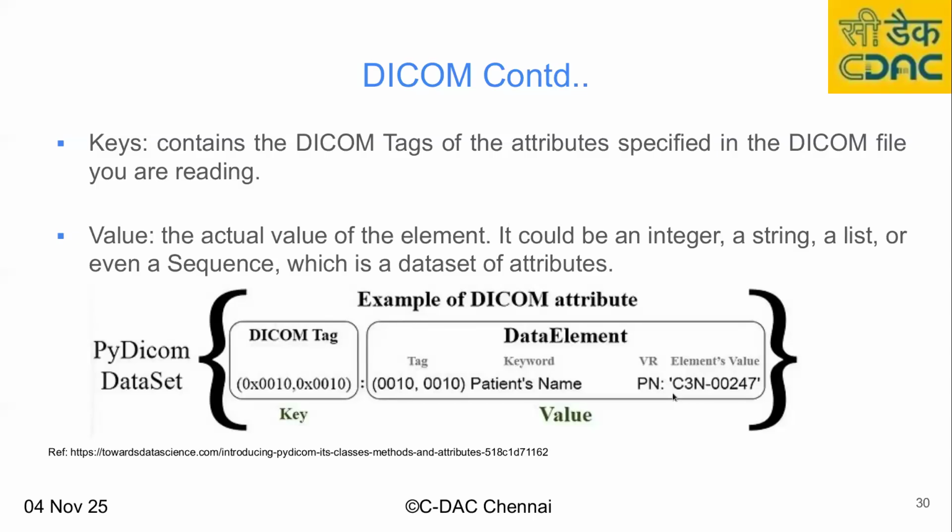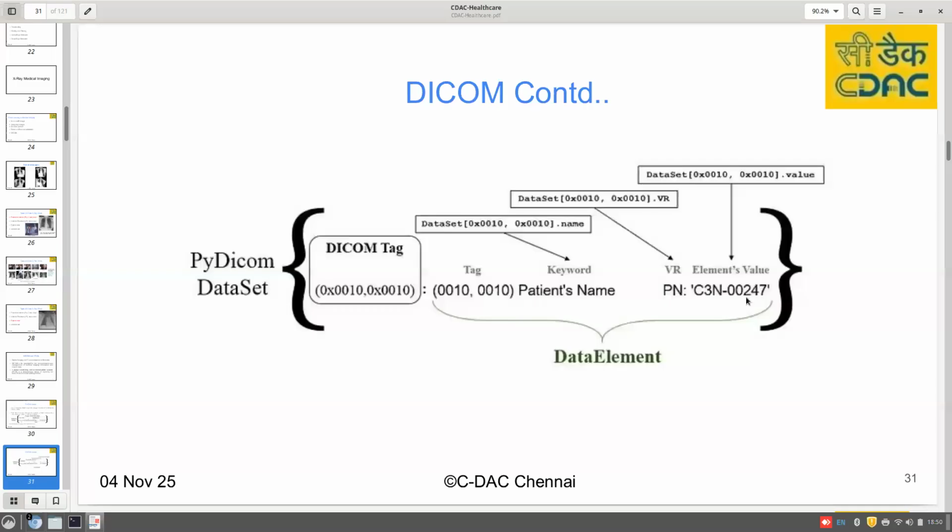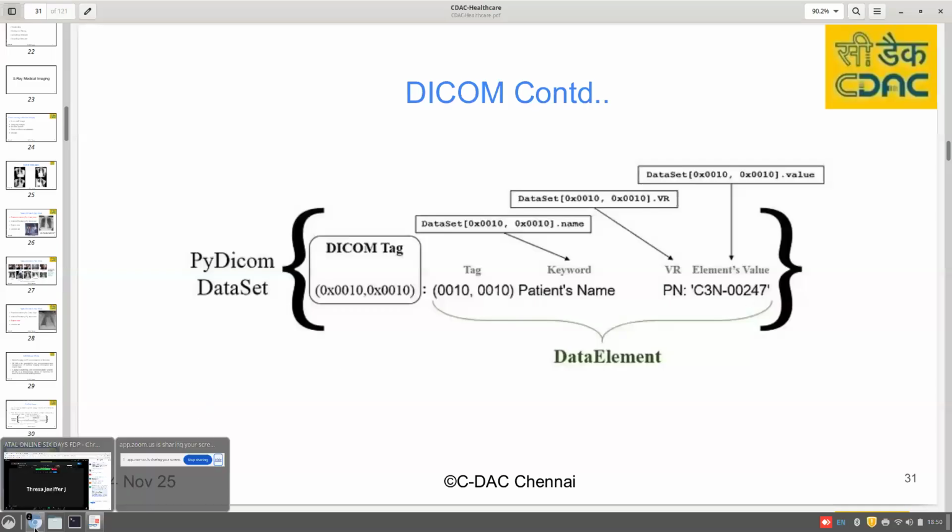They won't reveal the name. So DICOM is actually a format where the parameters related to X-ray can be represented in the form of tag, keyword, and value pairs.